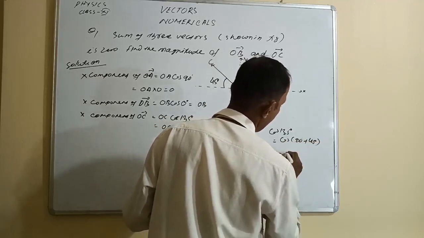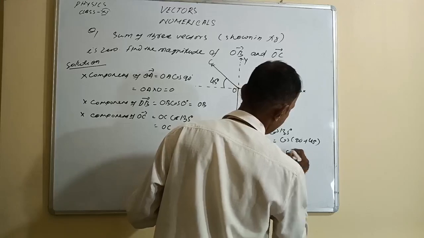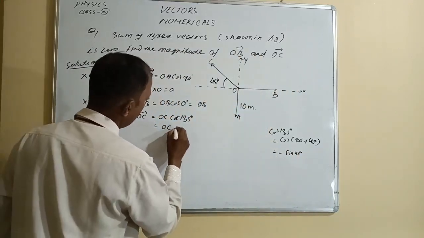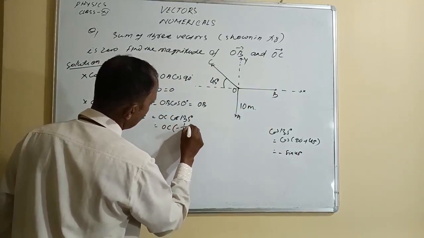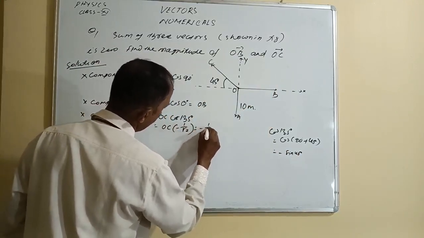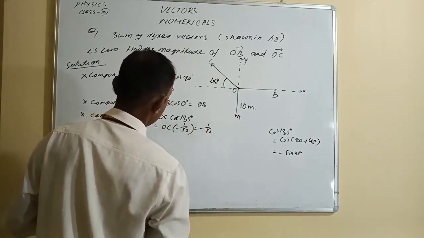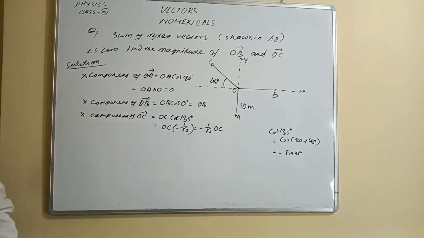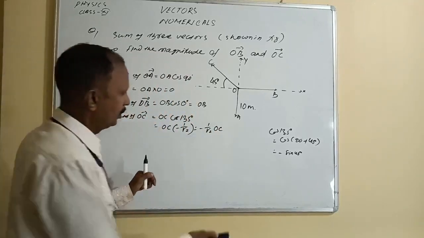This is equal to minus sin 45 degree. That means I can write this is minus 1 by root 2 into OC. Okay, children, I hope you understood.